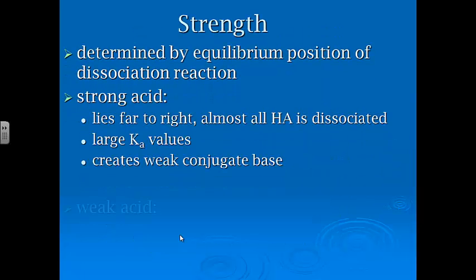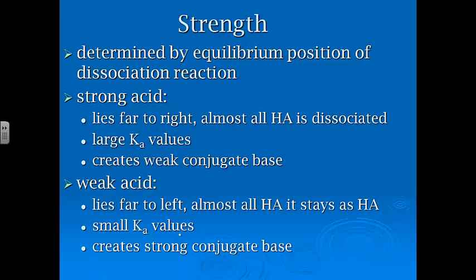Okay, now when we talk about the strength, we've mentioned this before. I just haven't defined it. I just kind of told you, well, hey, this is what the case is. But we've talked about the strength of acids, and we've talked about the fact that it is how strongly it dissociates. What I have not told you is that how we know the strength of the dissociation has all to do with equilibrium position.